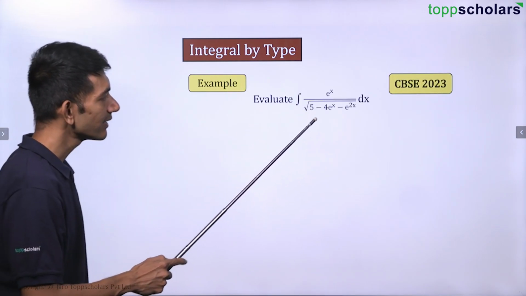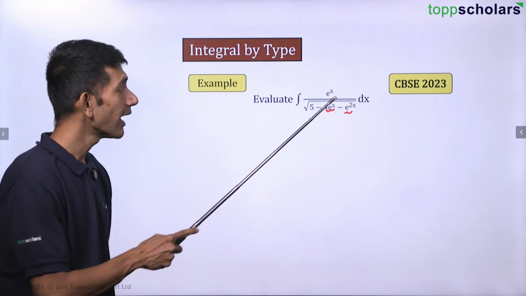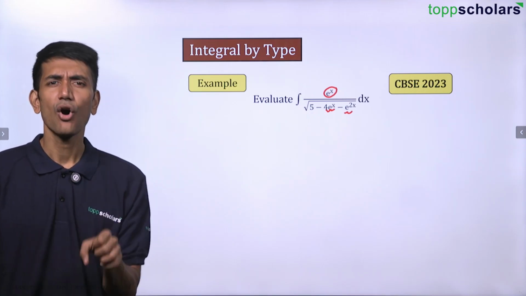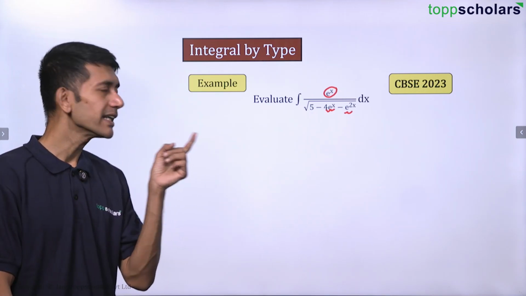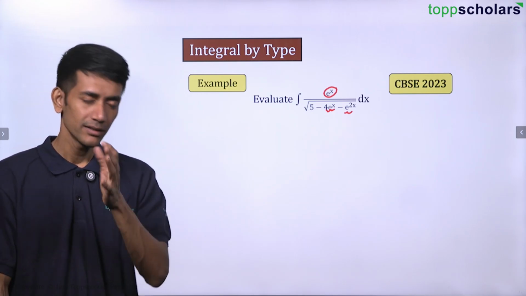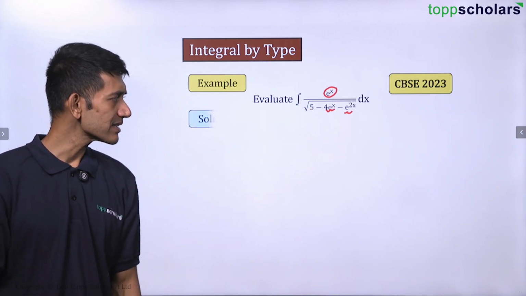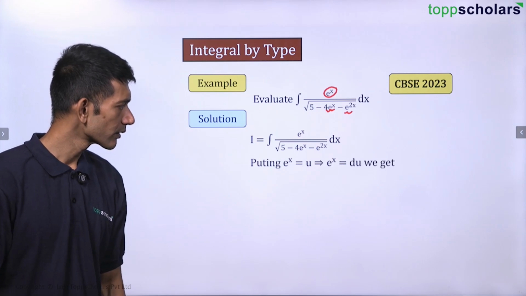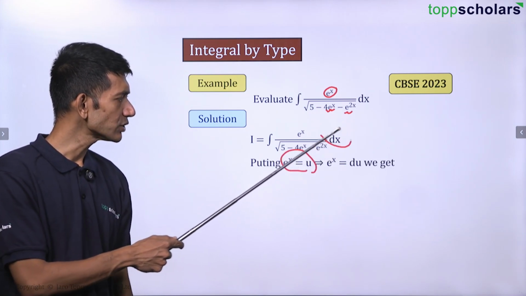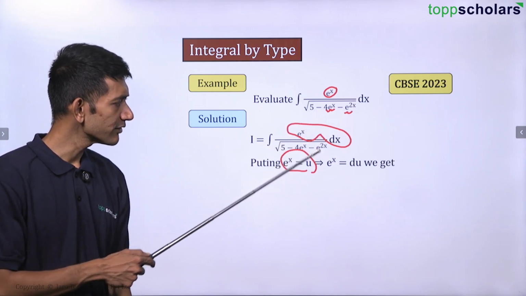Now this is interesting because you have e raised to x and then you have e raised to 2x, and here also you have e raised to x. So definitely some form of substitution is needed in this question for sure. But what type of substitution is needed? We need to check that. Now if I consider e raised to x as t or u, then the numerator e raised to x dx becomes du and e raised to x is u.